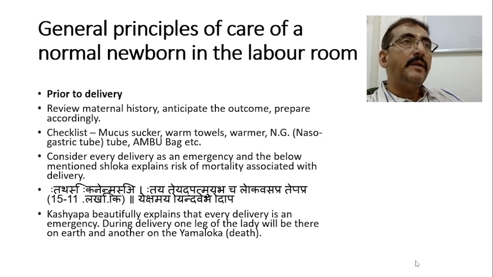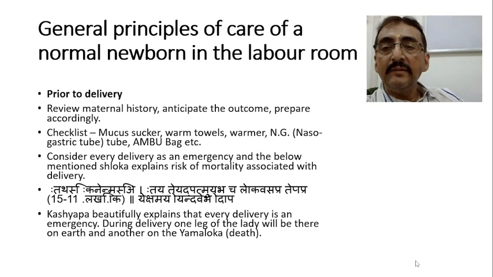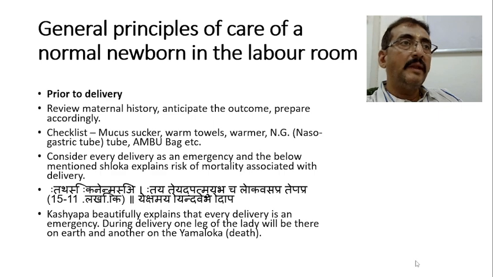Especially, the pediatrician should be ready with the instruments. The most common instrument that we require is a mucus sucker. It may be a synthetic mucus sucker, or a mechanical mucus sucker. We need some warm towels because temperature has to be maintained throughout. We need a warmer, especially the radiant warmer. We need a nasogastric tube for clearing the stomach by stomach wash.